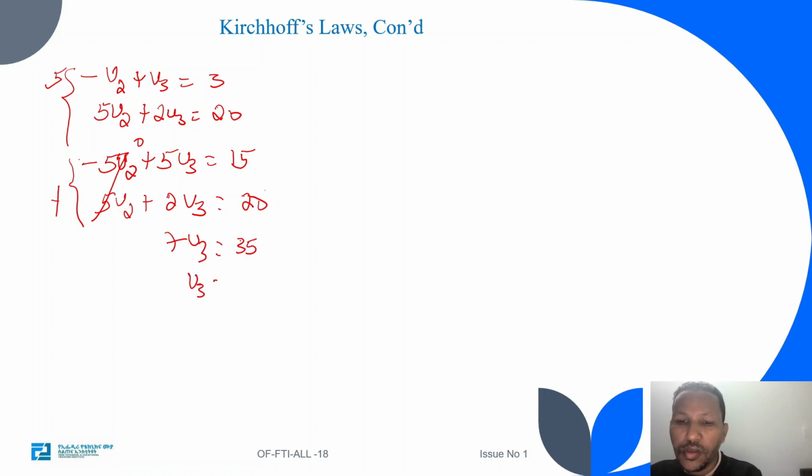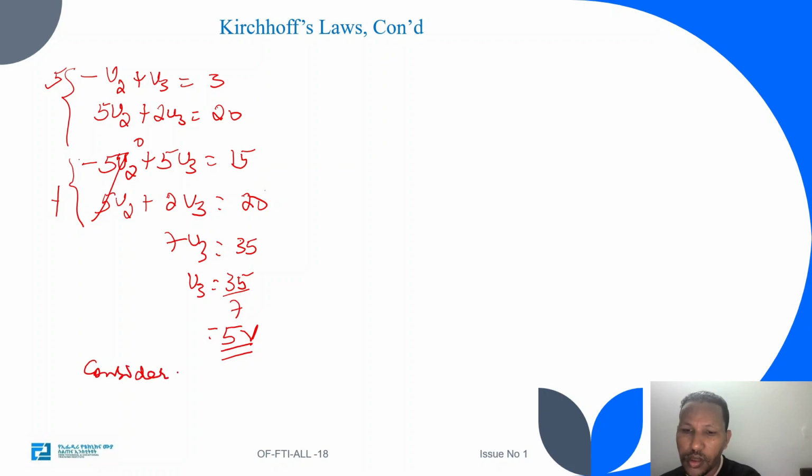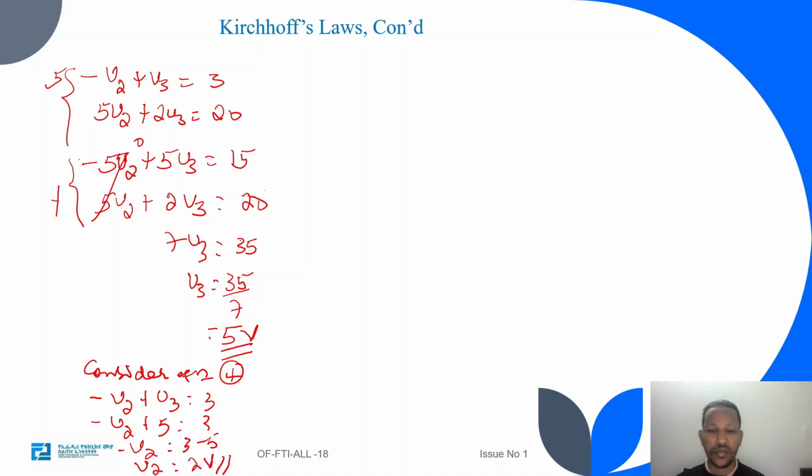So V3 is 35 divided by 7, which is 5 volt. Now consider equation 4 again: minus V2 plus V3, which is equal to 3. So let's substitute V3 by 5: minus V2 plus 5, which is equal to 3. So minus V2 is equal to 3 minus 5. So V2 is equal to 2 volt.